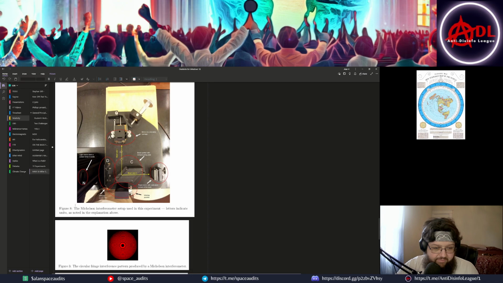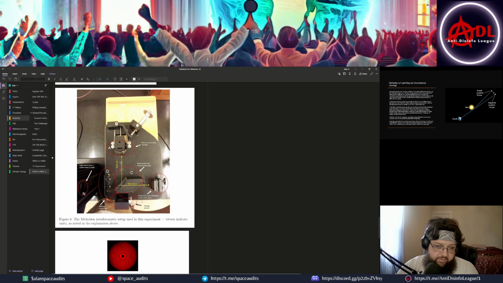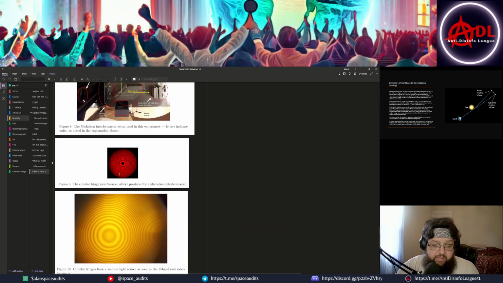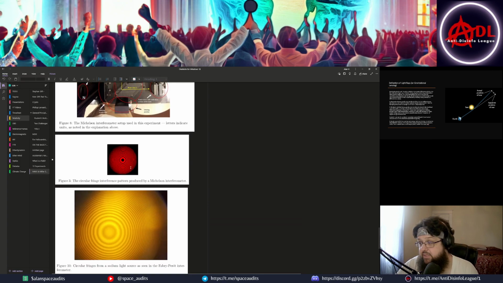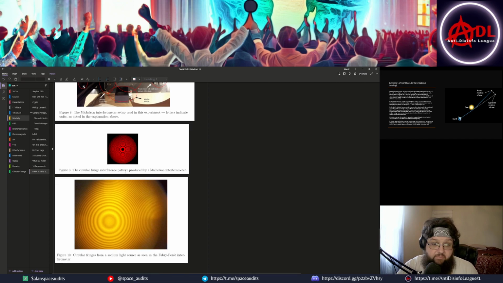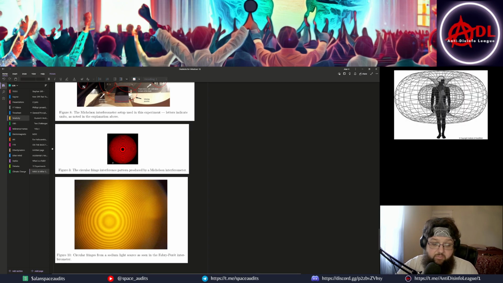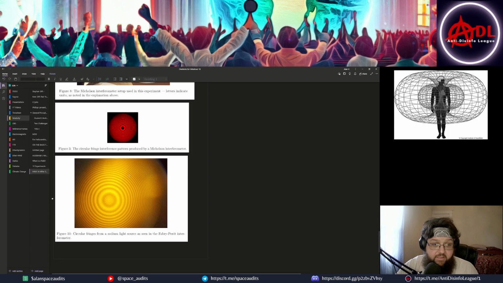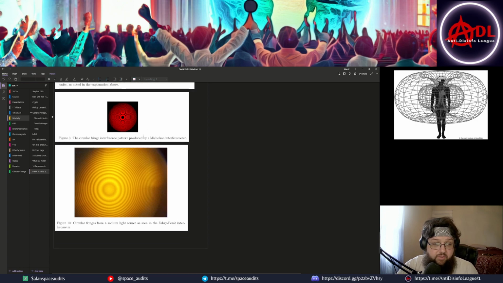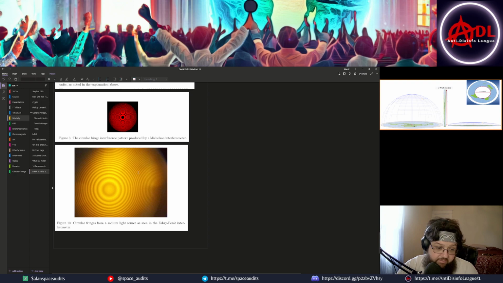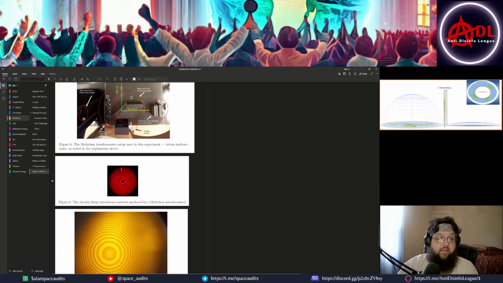Michelson-Morley setup is using an experiment to indicate the units as noted above. Okay, here we have some circular fringe patterns. This is a different type of fringe pattern produced in modern setups when you're using a laser beam instead of just a coherent light beam source. Again, the thickness of those patterns is what they're looking at, right?